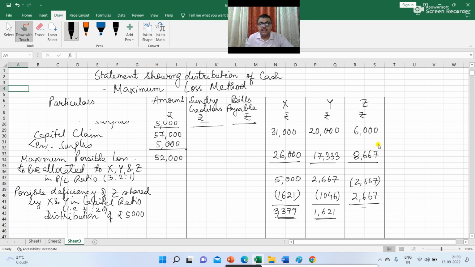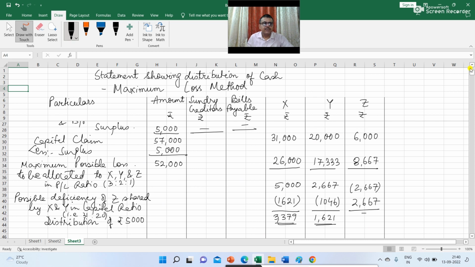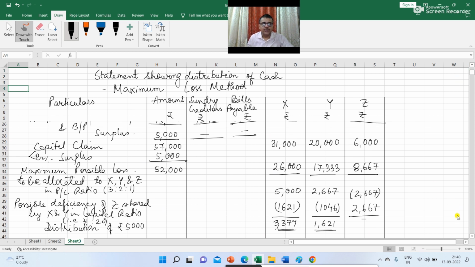But here we see that there is a deficiency in the column of Z. So the deficiency of partner Z will be shared by X and Y, that is the solvent partners, in their capital ratio, that is 31:20. So I have absorbed this deficiency, and I see that the distribution of 5,000 is to X 3,379 and Y 1,621. So this is the amount that was distributed from the realization in January 2022.